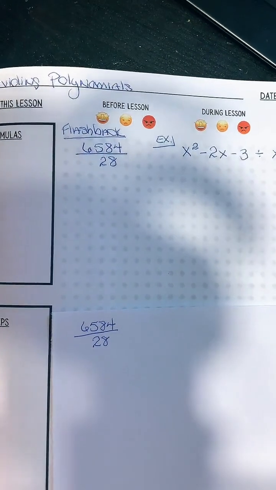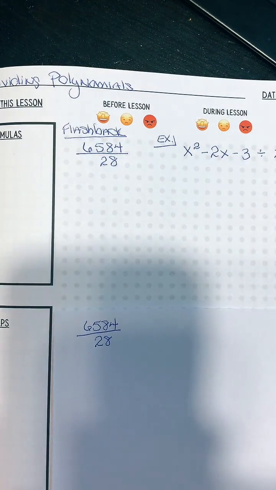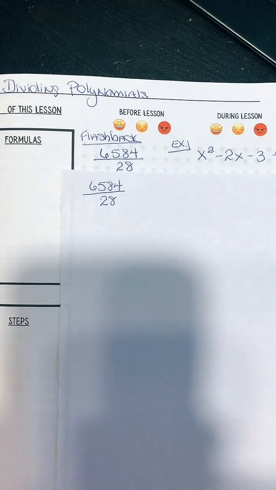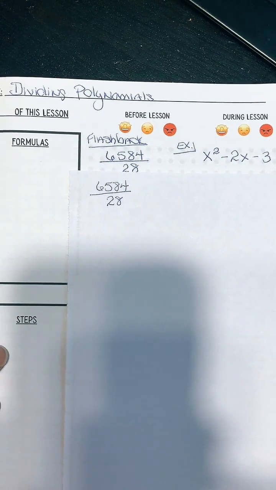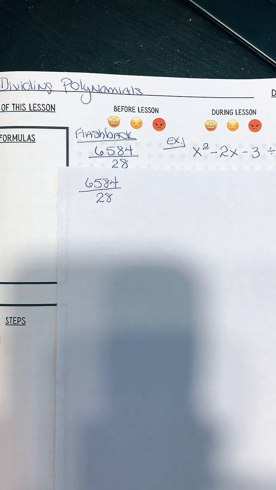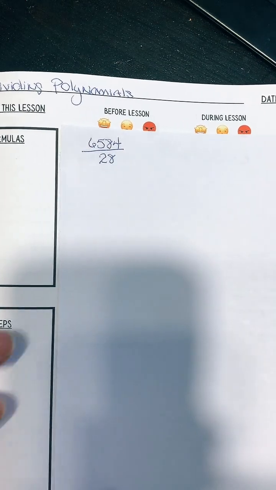So let's do a little bit more math. Let me see if I can zoom in just a little bit. Last time we were working on multiplying fractions. So now we're going to take a little deep dive on dividing.